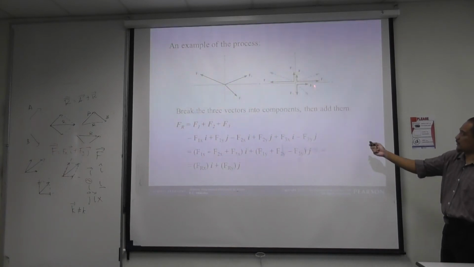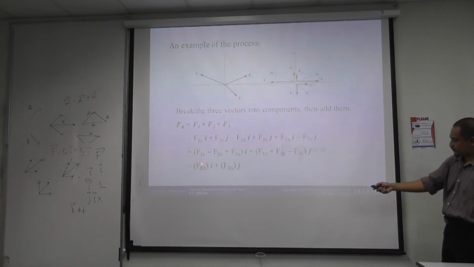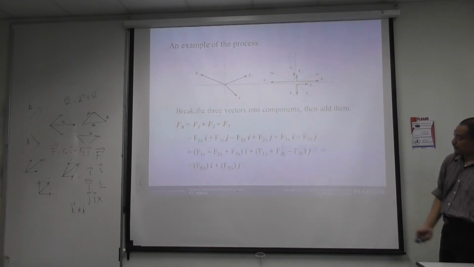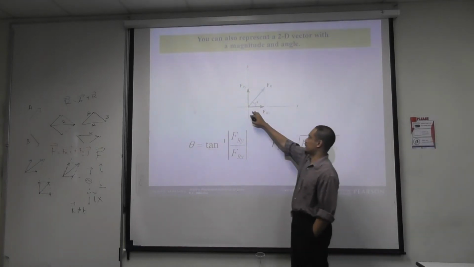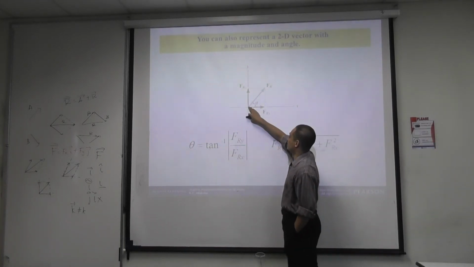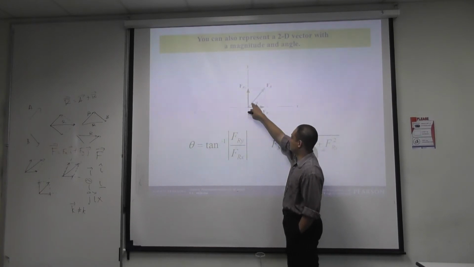From the original you get the x and y components, and in the end you get the resultant of x and the resultant of y, in i and j. If both are positive, the resultant will be this one and the theta will be that one, right?